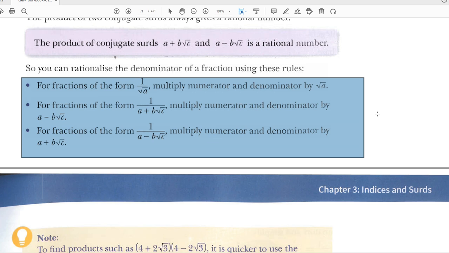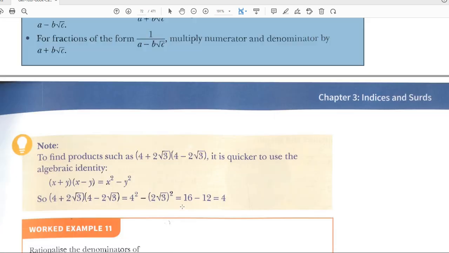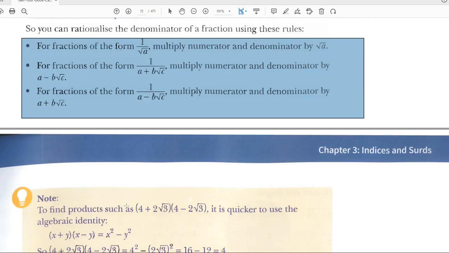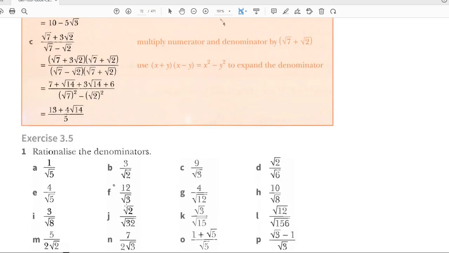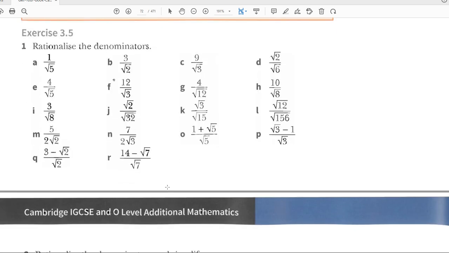For fractions of the form 1 upon a plus b root c, multiply numerator and denominator by a minus b root c. For fractions of the form 1 upon a minus b root c, multiply numerator and denominator by a plus b root c. It is very easy exercise. In the light of these 3 points, we are able to start exercise 3.5.